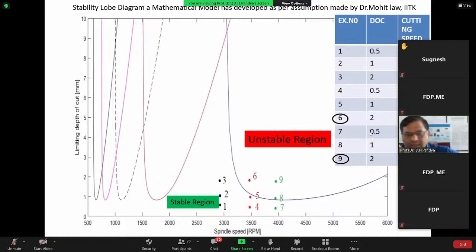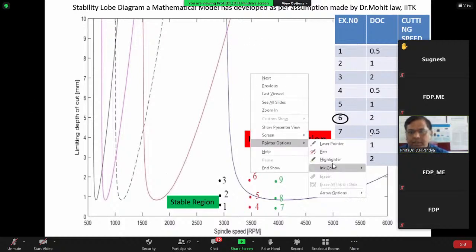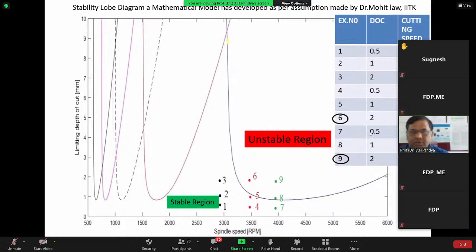On the x-axis there is the spindle speed, on the y-axis there is the depth of cut, and anything outside this one region is known as the unstable region.